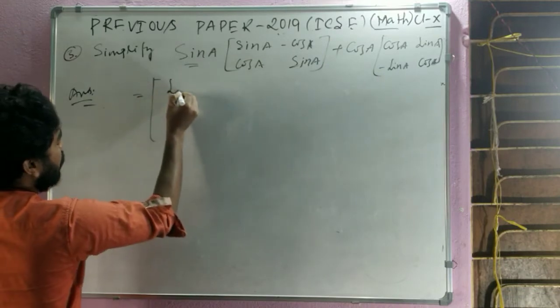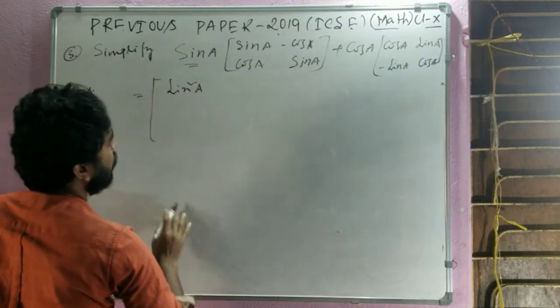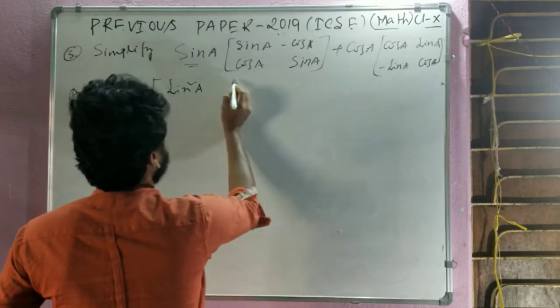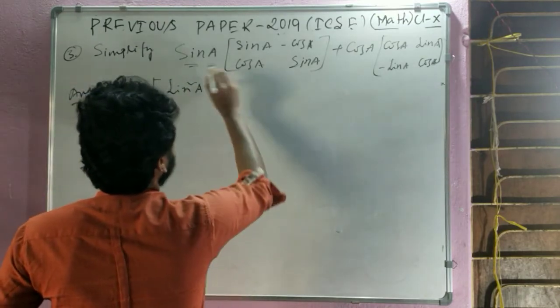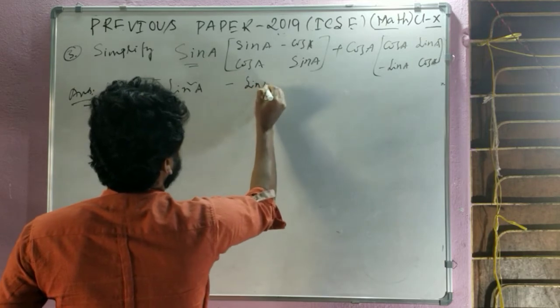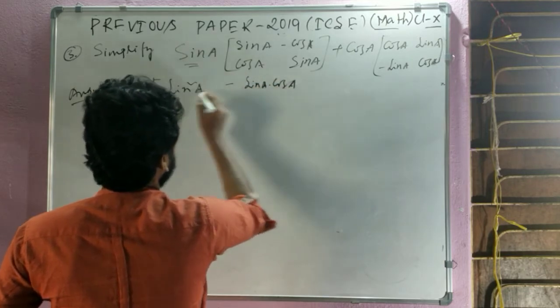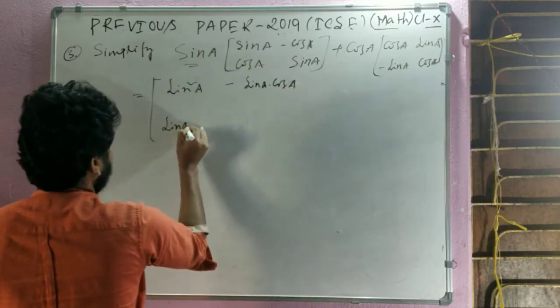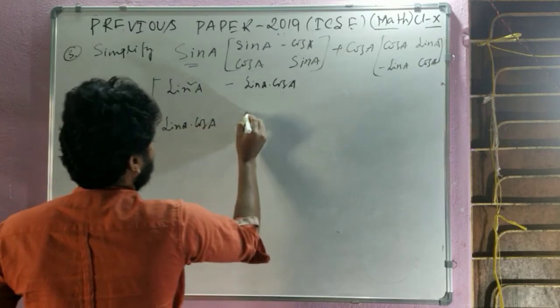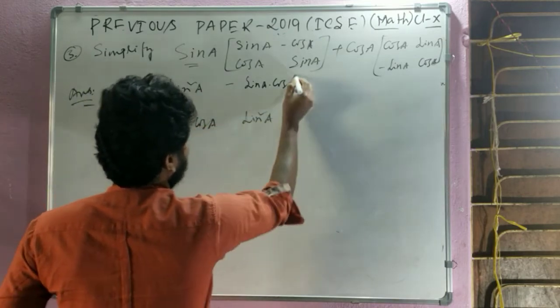So this gives sin square A minus sin A into cos A, sin A into cos A, sin square A.